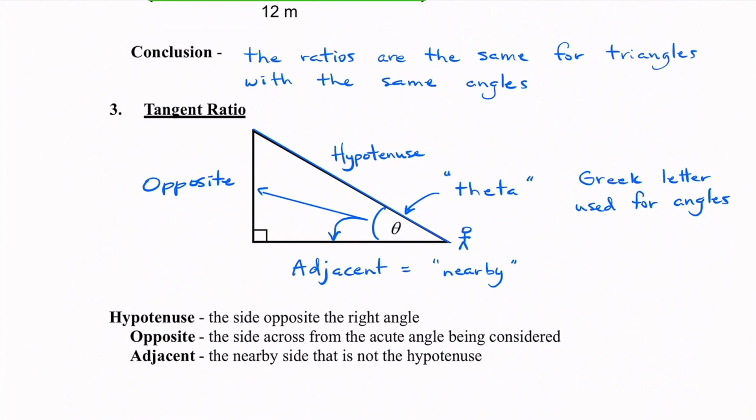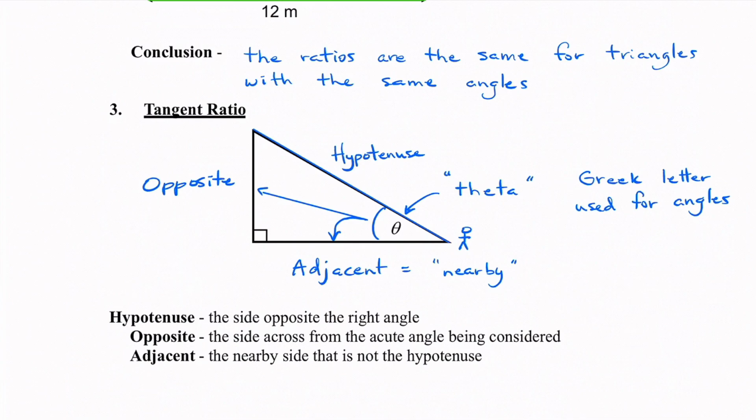So again, just to run through, hypotenuse, it's the side opposite the right angle. So here's the right angle, it's opposite, or it's just the longest side. Opposite is the side across from the acute angle being considered. So by the word being considered, we mean wherever you're standing from, you're on the other side of it, that's the opposite. If I was standing up here, then this would then be the opposite side.